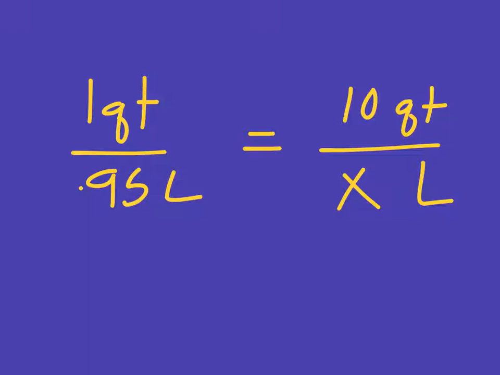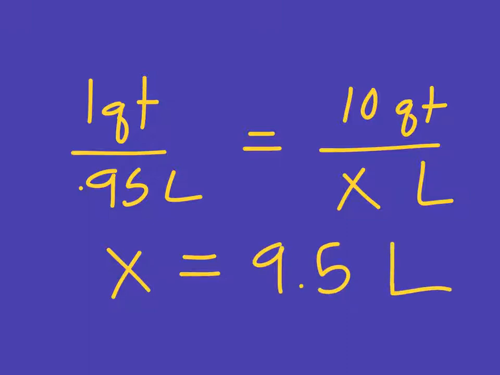So as long as I put quarts on top, liters on bottom, I'm good to go. Cross multiply. X times 1 gives me an X. Cross multiplying again, 10 times 0.95 gives me 9.5 liters. So either way, you'll get the right answer as long as you set the problem up correctly.